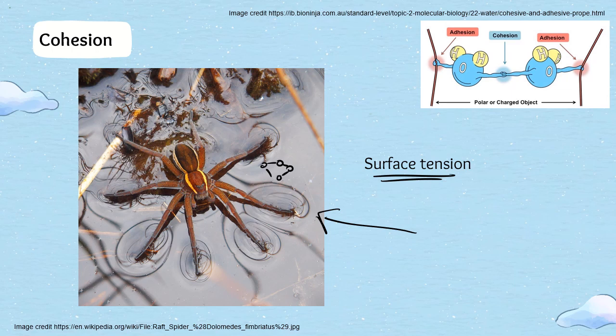This guy is called a raft spider, and it hangs out at the surface of the water like this. You can see how it just barely puts little divots into the surface of the water. And again, that's due to surface tension, those water molecules that are holding onto each other, the stickiness between the water molecules at the surface. It allows that spider to hang out at the surface, and it feeds on mosquito larvae that are just under the surface of the water.